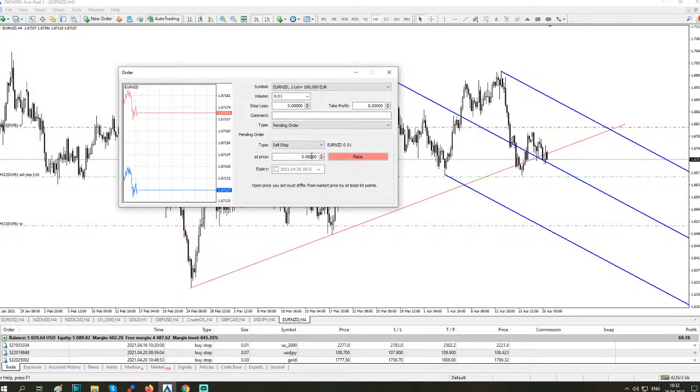Sell stop, let's hurry guys here. So, sell stop at 1.6660, stop loss 1.6810, and our second take profit will be at 1.6350.